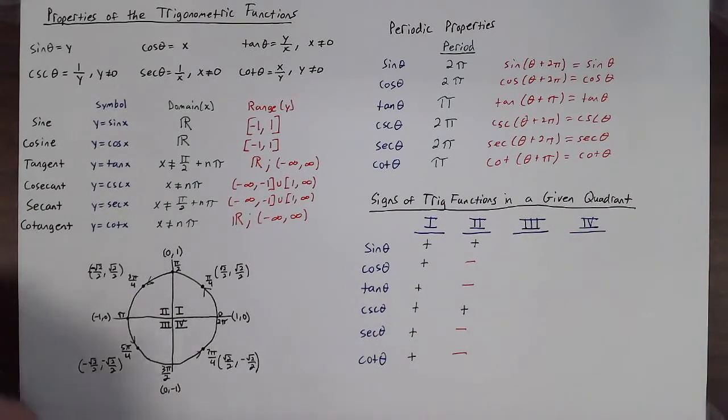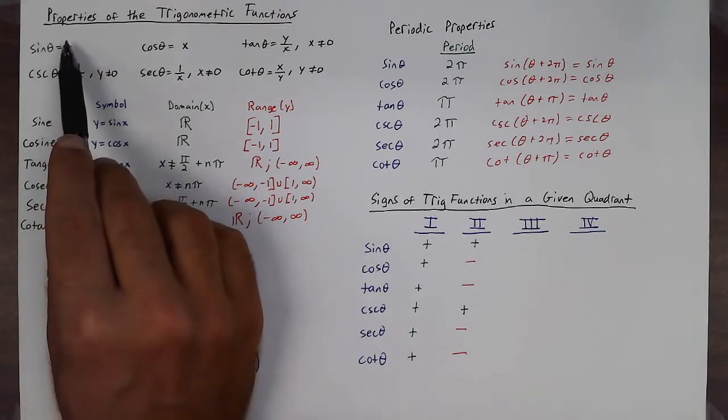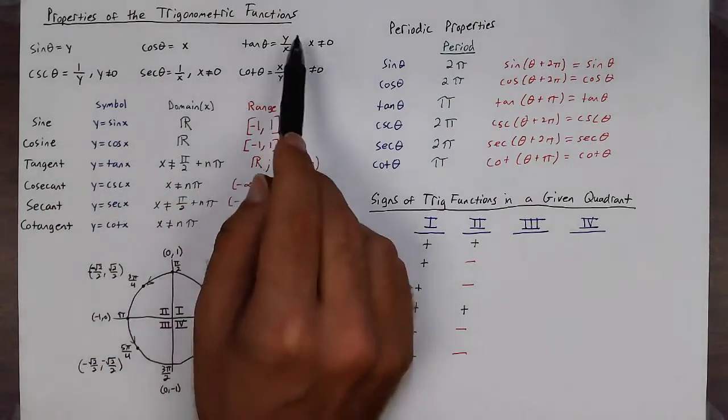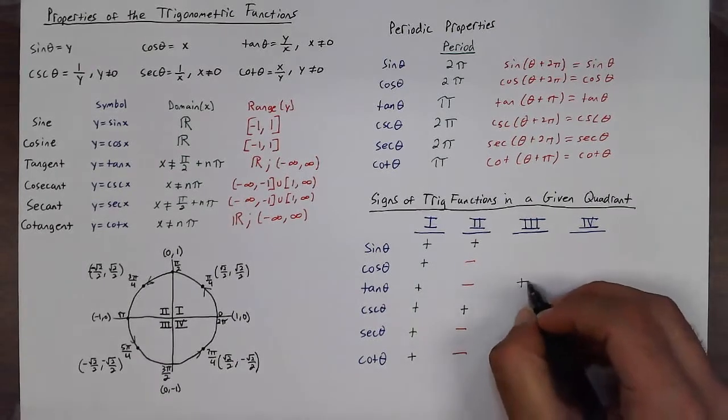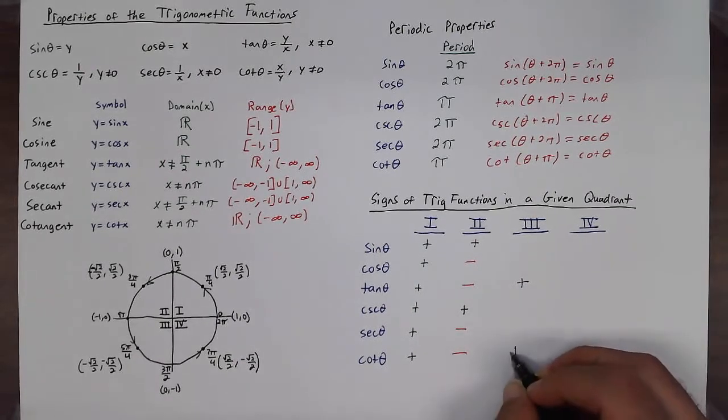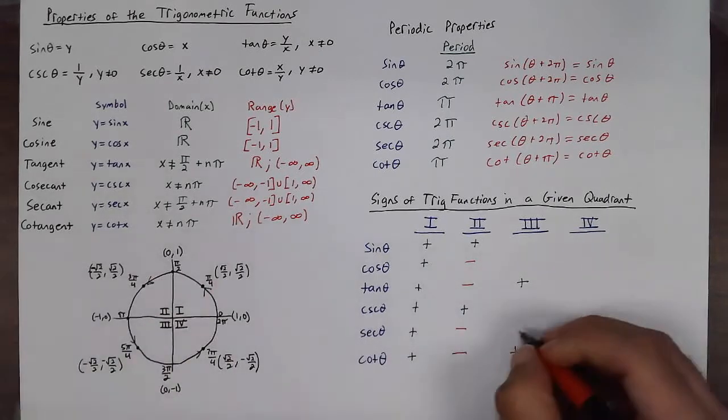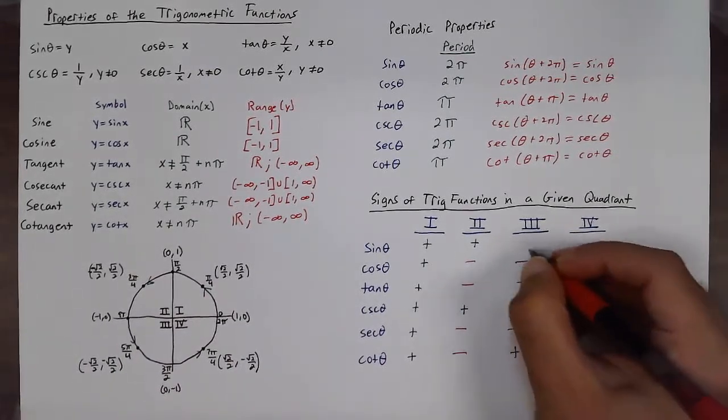In quadrant 3, both x and y are negative. So any of them just involving just y or just x will be negative, but if they involve both, that double negative makes it a positive. So tangent and cotangent will be positive, while every other function will be negative in the third quadrant.